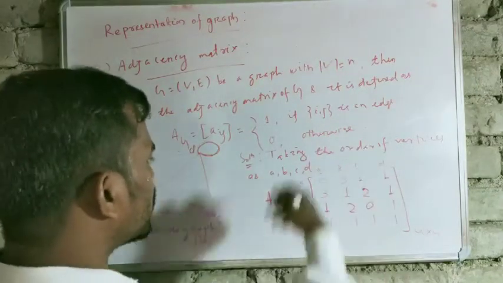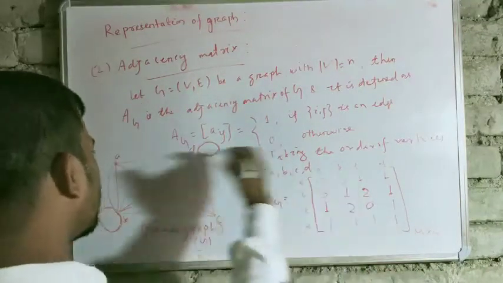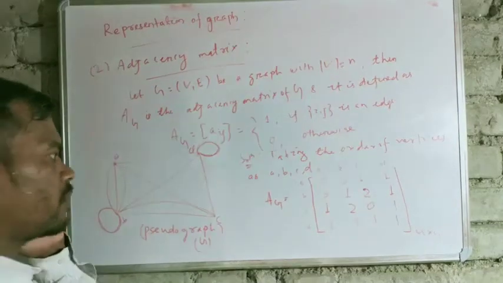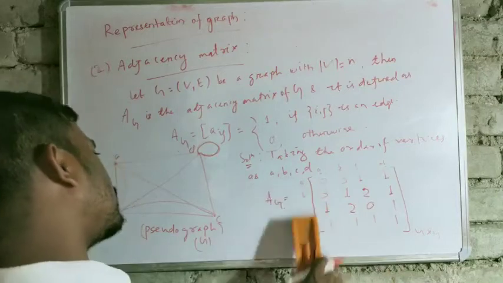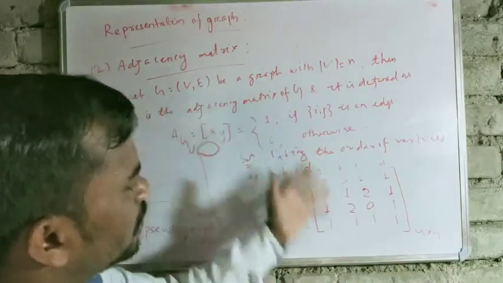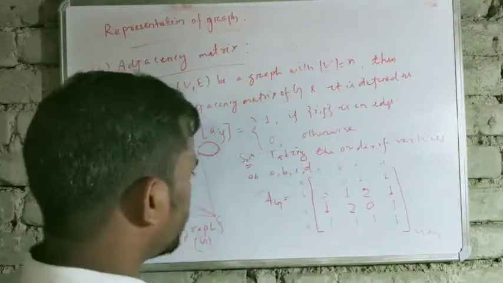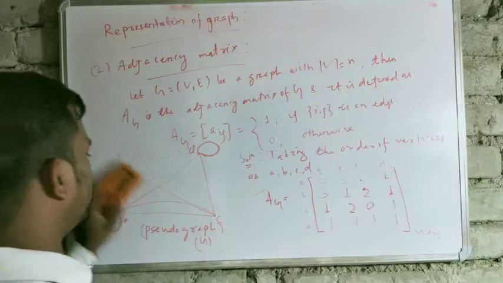So if an adjacency matrix is given, then you can find the graph. So now we'll do a problem. If one adjacency matrix is given, how will we find the corresponding graph?